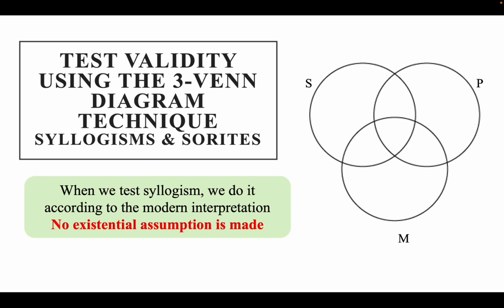In other words, the universal statements state that there exist members of the subject category, whereas the modern interpretation does not make that assumption. And in practical terms, this means that by using the modern interpretation, we do not draw an X inside our Venn diagrams.